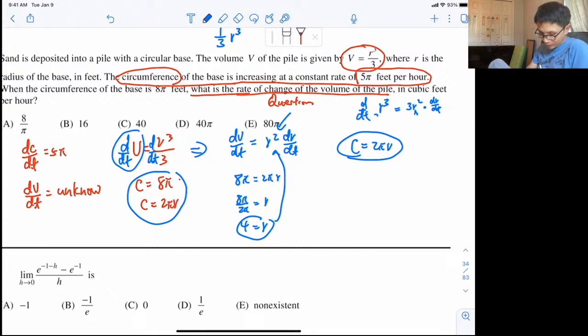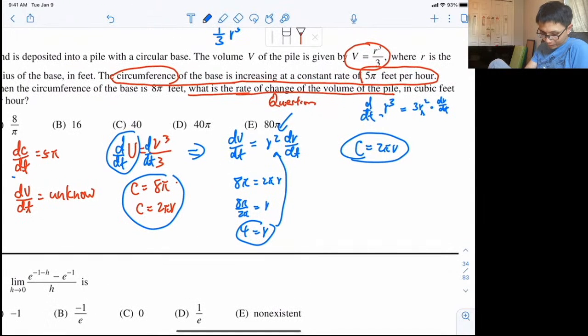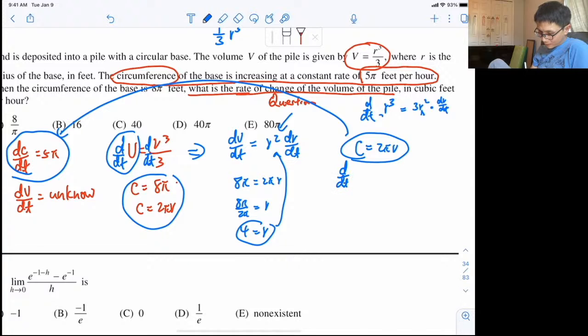We have something equal to 5 pi. How do I use that? Take the derivative of the circumference. Yeah, take a derivative with respect to time, right? So that's gonna be 2 pi.